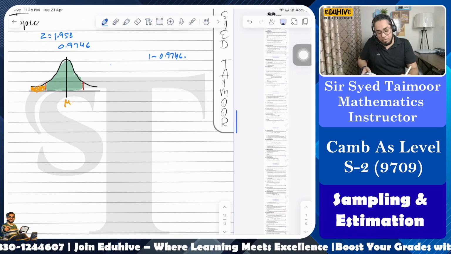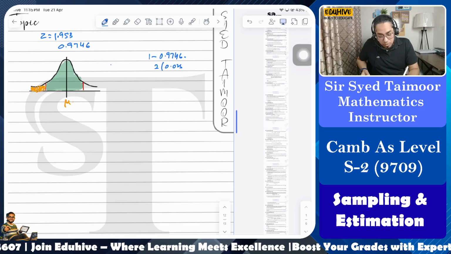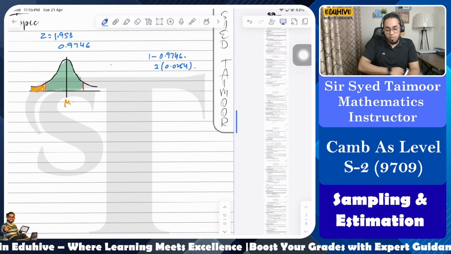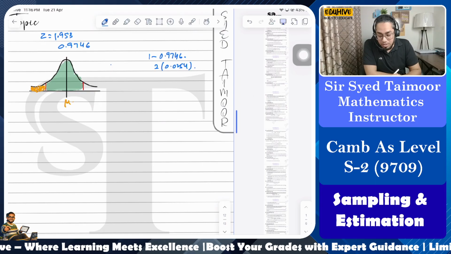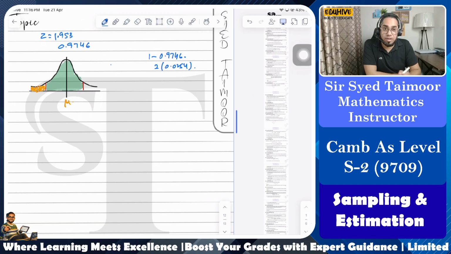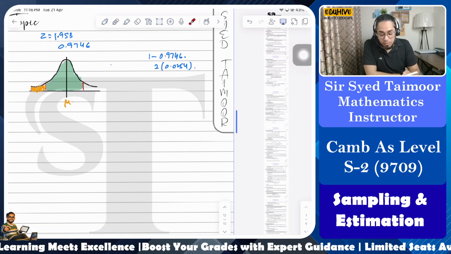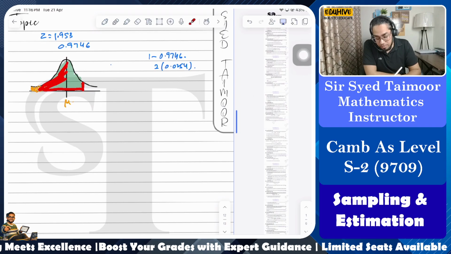Just a second. 2 multiplied by this area, 0.0254. Okay, that is exactly what I'm telling you. When you subtract that one, because when you see the value of z, 1.953 will always be giving you the value for this part, till over here, isn't it?